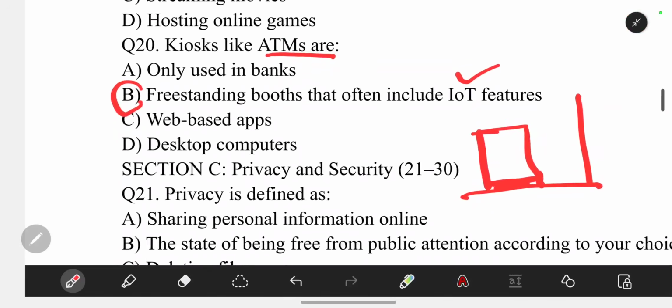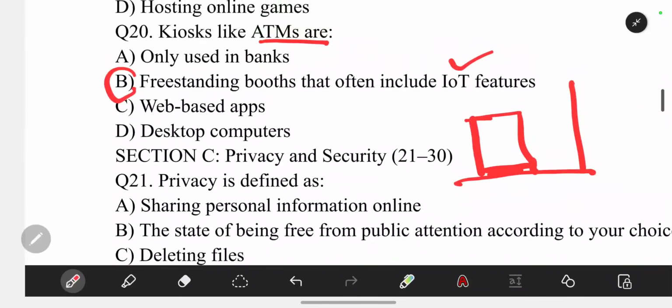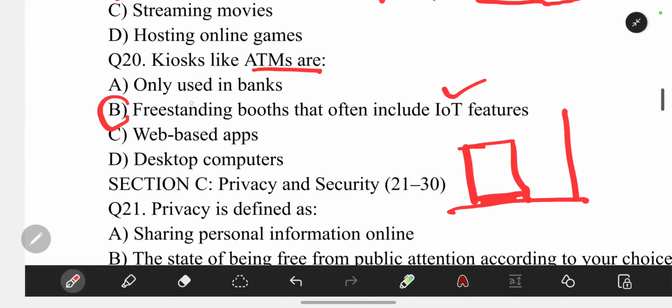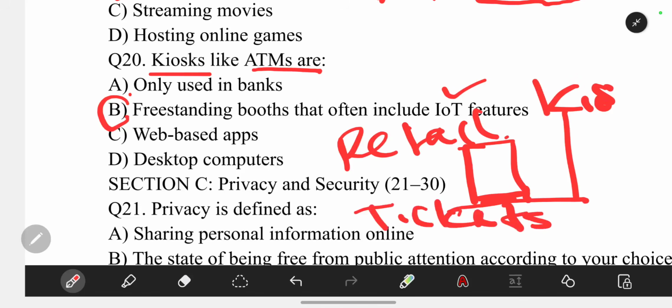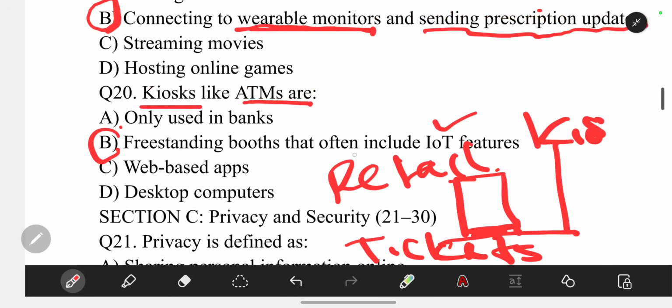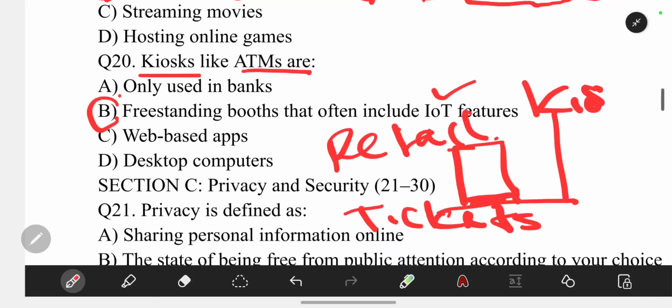Let's look at our next one, which is our 21. Just in case you're wondering why the answer is not only used in banks, kiosks are of a lot of types. We might have retail kiosks, which can be used to buy food. We have ticketing kiosks, those that deal with tickets such as bus tickets. We might have a lot of kiosks. So these are freestanding booths that often include Internet of Things features.